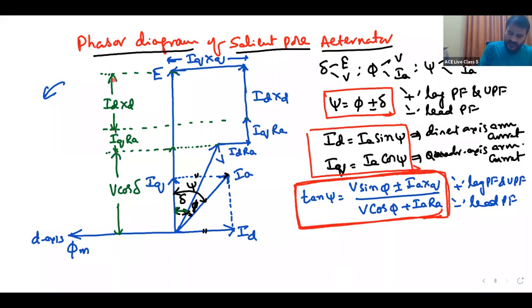So let me write that E is equal to V cos delta plus IQ RA plus or minus IDXD, on the left side, because I need some space.